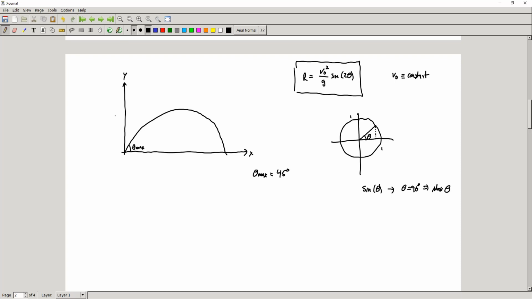Imagine we launch a cannonball with some angle less than 45 degrees, so it lands something like this, right? Well, then there must be some other angle, more than 45 degrees, that would take a trajectory that looks something like this, right? Up higher and land lower. And this is true for every landing position other than our maximum one.